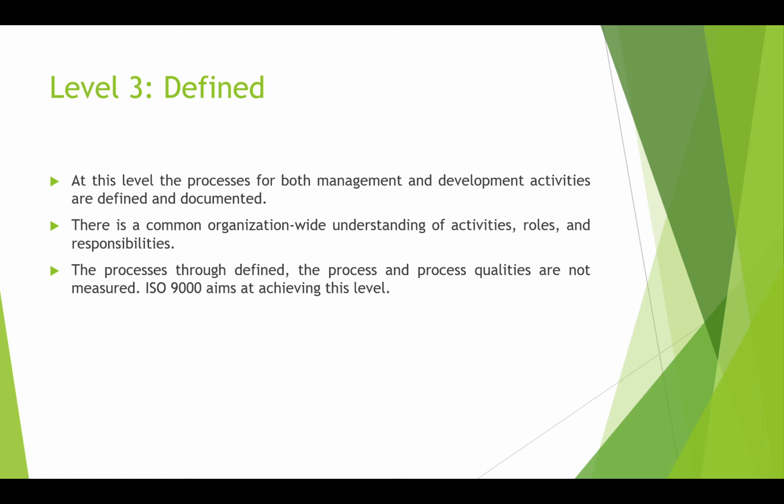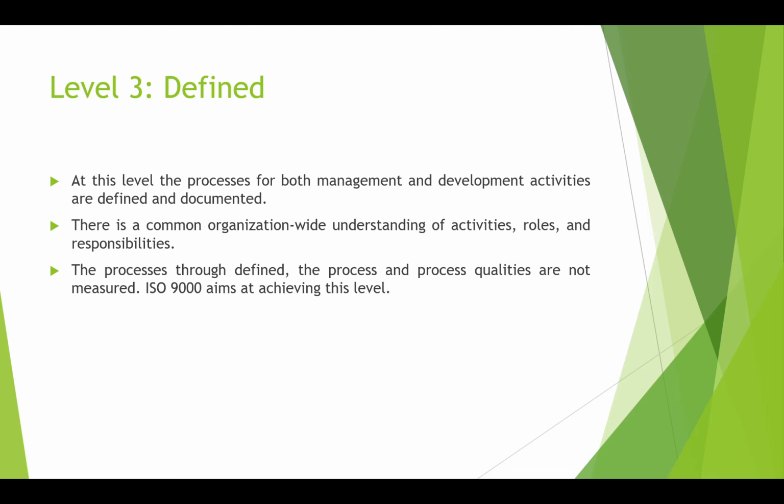A good example here is a company that maintains ISO 9000 certification. ISO 9000 aims at achieving this level. ISO 9000 is a standard certification provided to a company that follows that kind of work management, process management, and development activities.